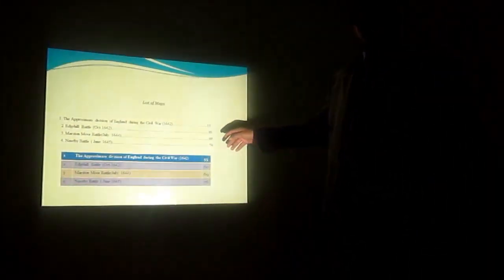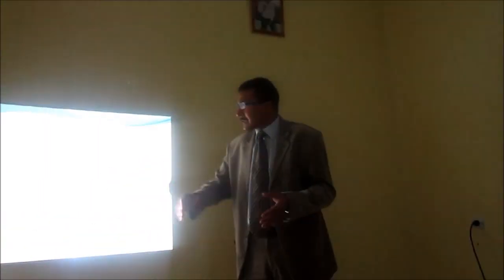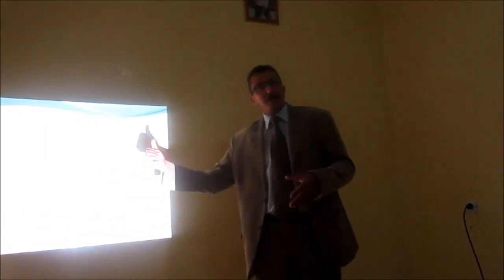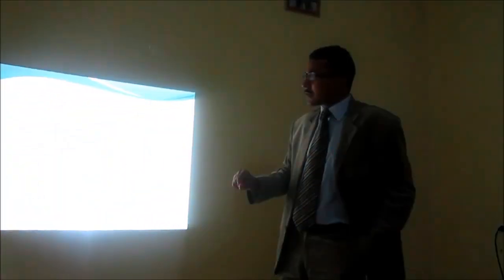Now following the maps, tables. If you have used any tables, whether the research is qualitative or quantitative, you have to indicate them in a list like that one or also in a table, as we have already seen in the list of maps. Now we move to figures. If you have any photos used in your research paper, you have to indicate them in a list as part of the outline.